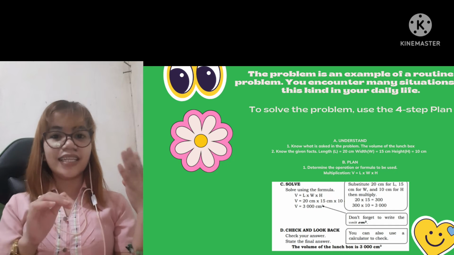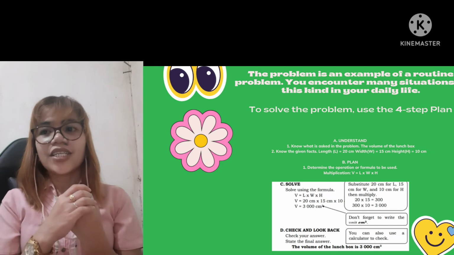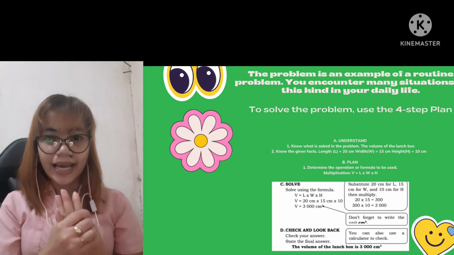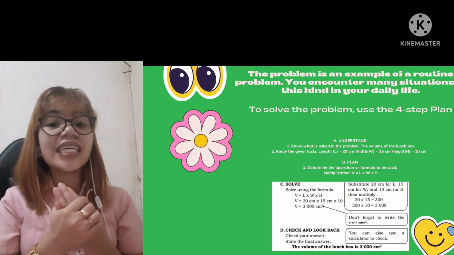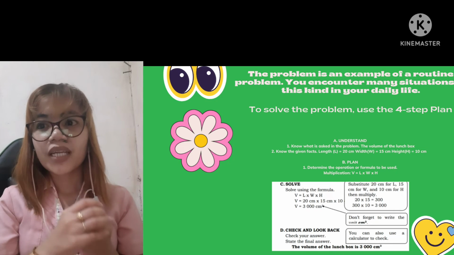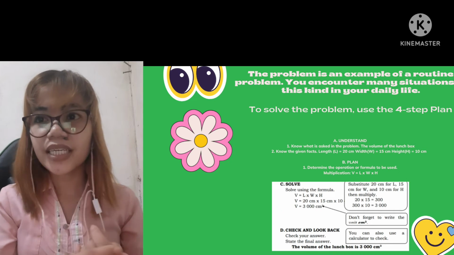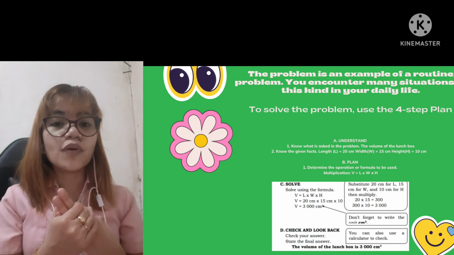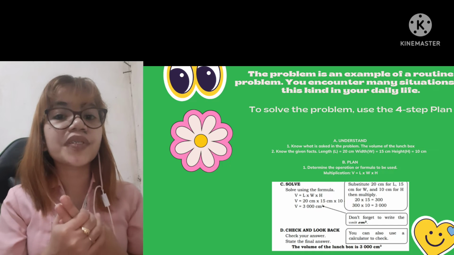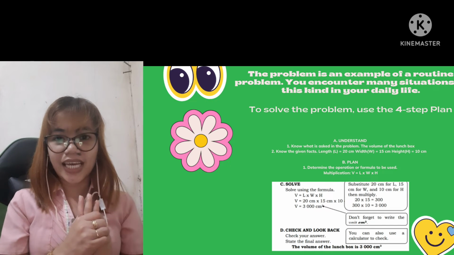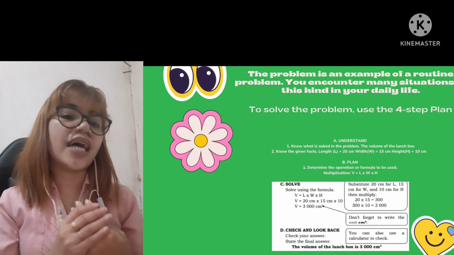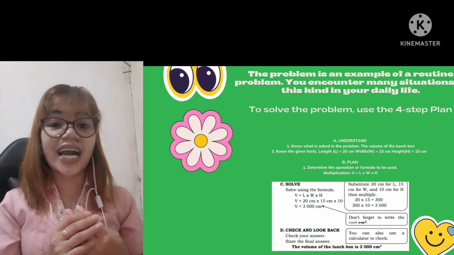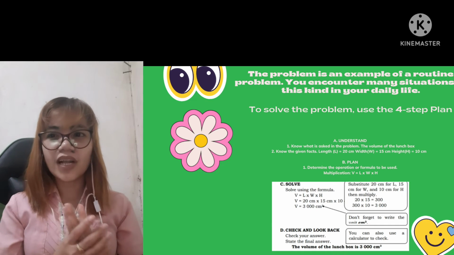Okay, and for the last, check and look back. So you need to check your answer and state the final answer. You can also use a calculator, most especially if the numbers are already too high. Teacher will allow you to use a calculator.